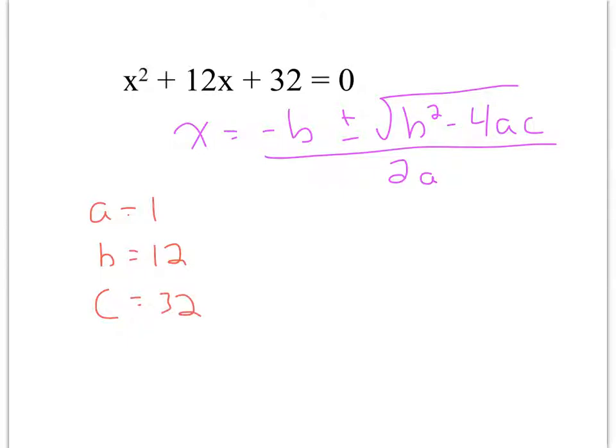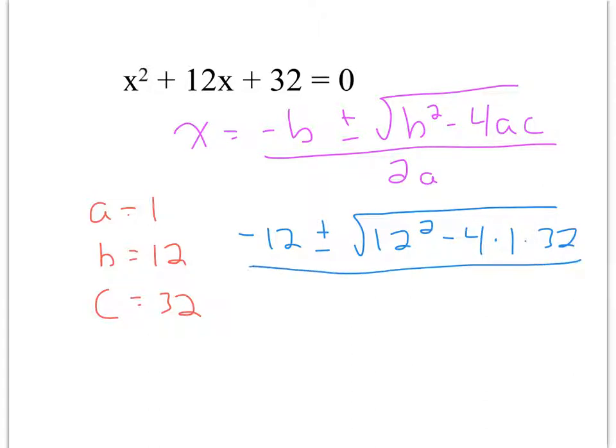So I'm going to take these numbers and plug them into my formula. So I have negative b, which is negative 12, plus or minus the square root of 12 squared, minus 4 times a, which is 1, times c, which is 32, all over 2 times 1, which is 2.